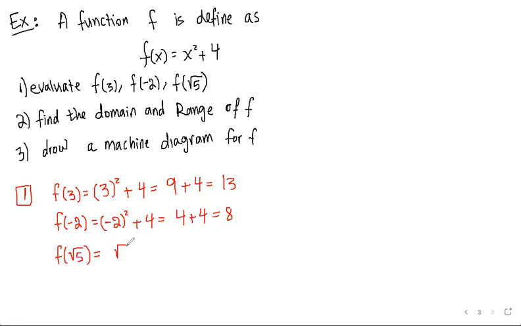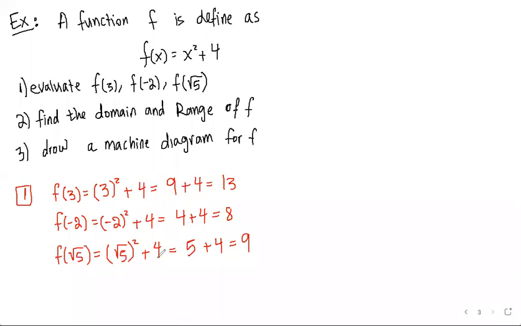So square root of 5 squared is 5. It's the absolute value of 5, but it's 5 because it's already positive. So 5 plus 4 is 9. Okay, perfect.